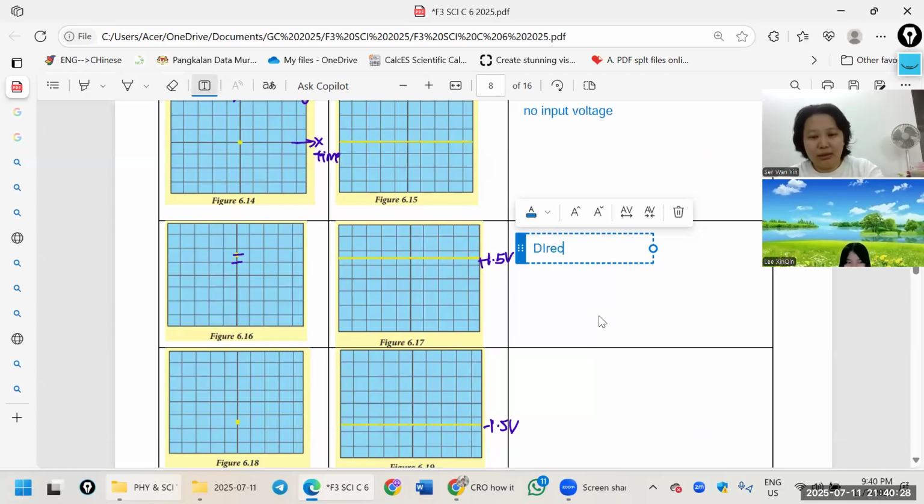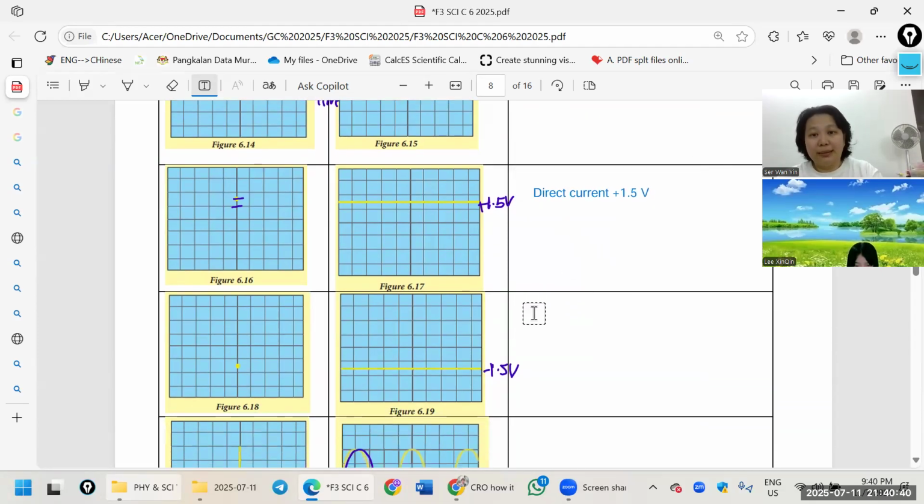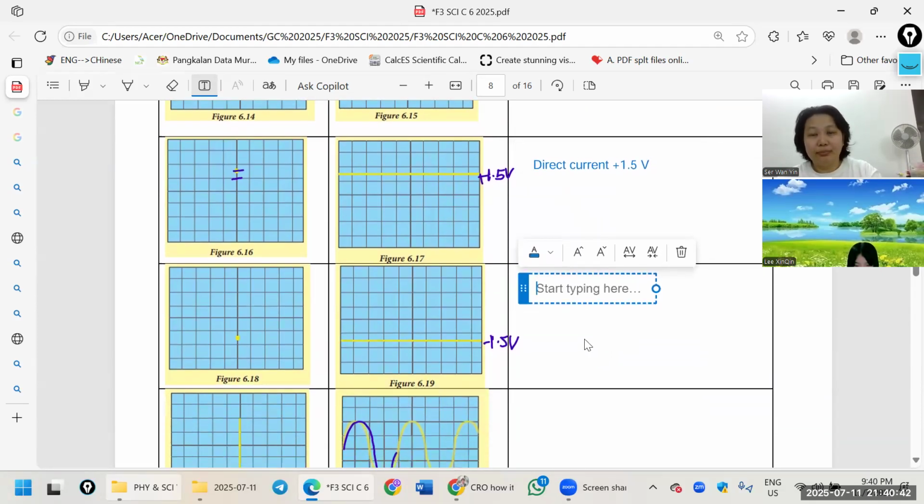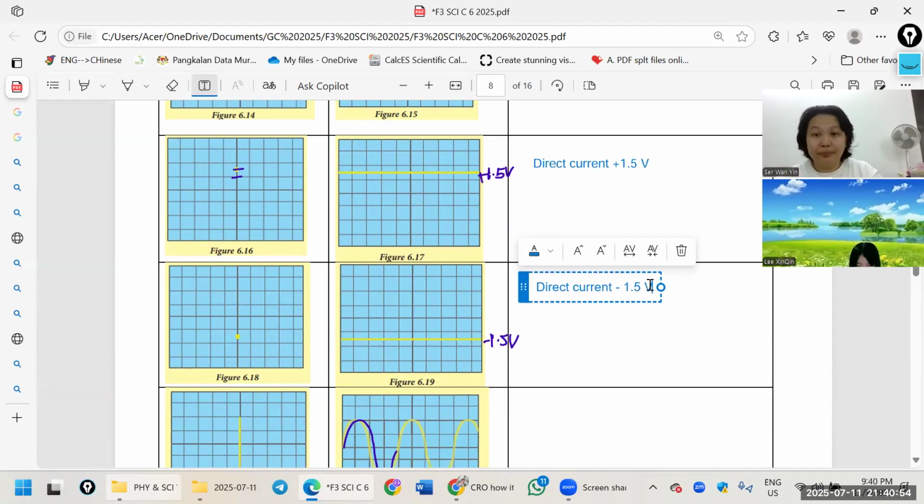And then this one will have direct current, positive 1.5 volts, because we connect on the proper place. Then this one is direct current, negative 1.5 volts.